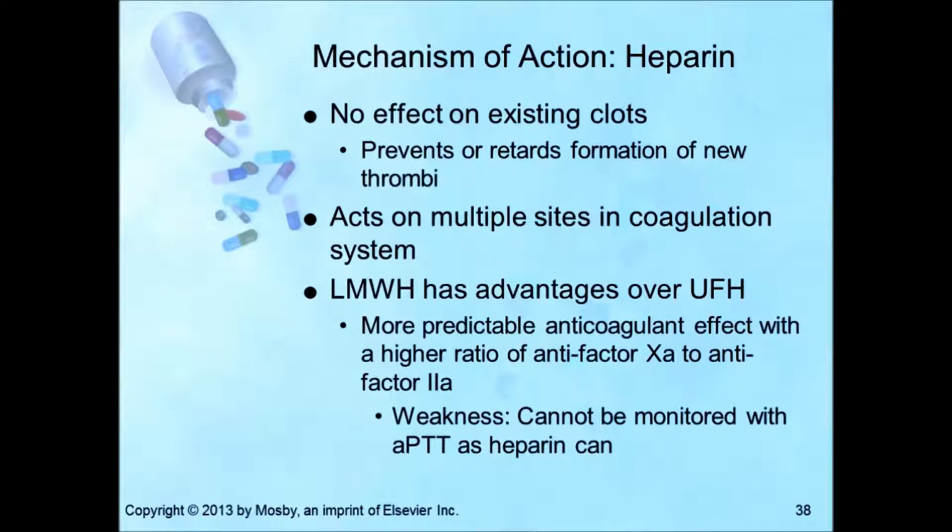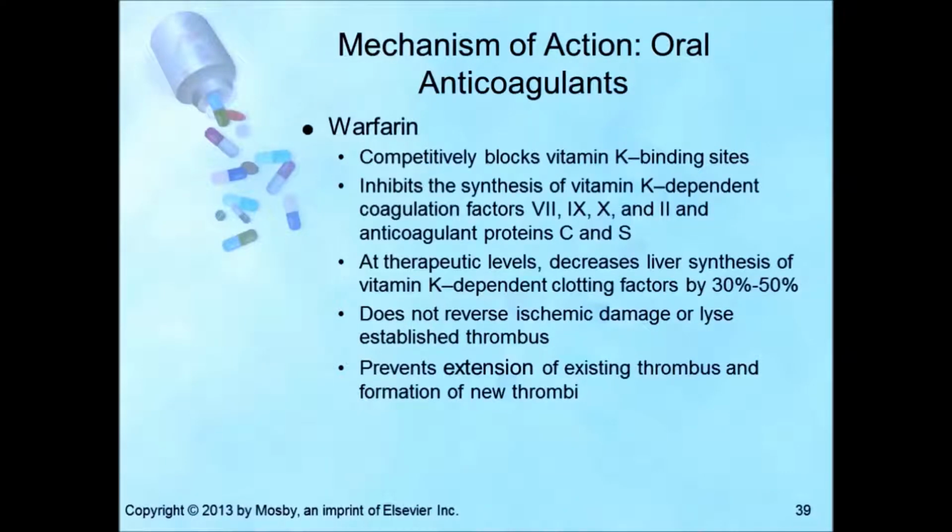A characteristic of the low molecular weight heparin is that it cannot be monitored with a PTT as heparin can. The use of low molecular weight heparins results in a lower incidence of heparin-induced thrombocytopenia and possibly in lower risks of bleeding and osteopenia. However, again, it cannot be monitored with a PTT blood test.